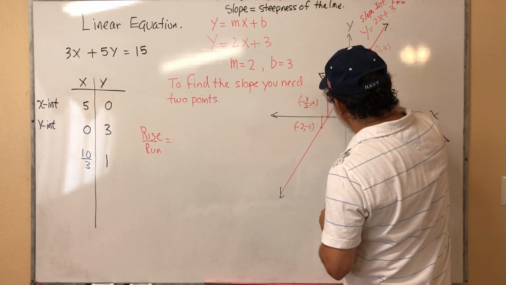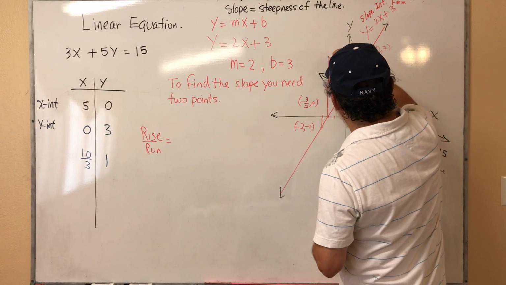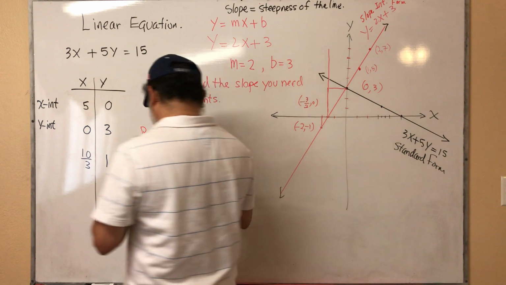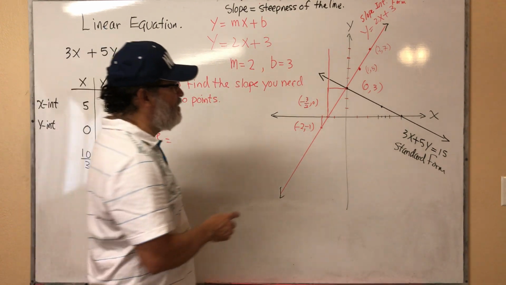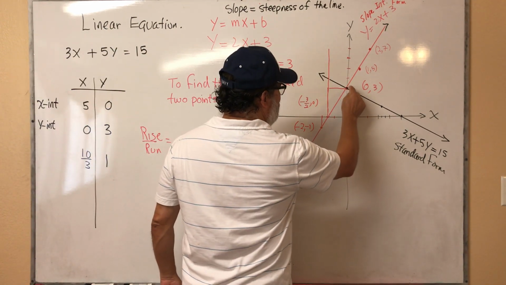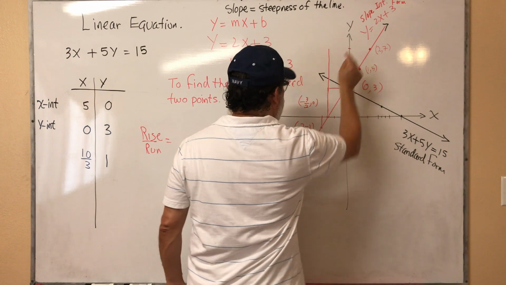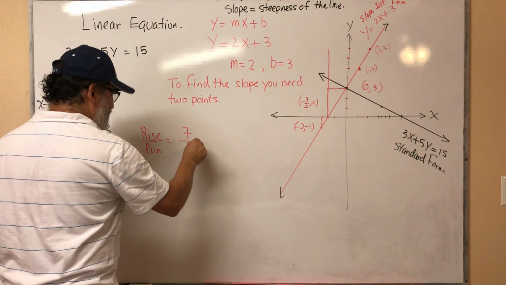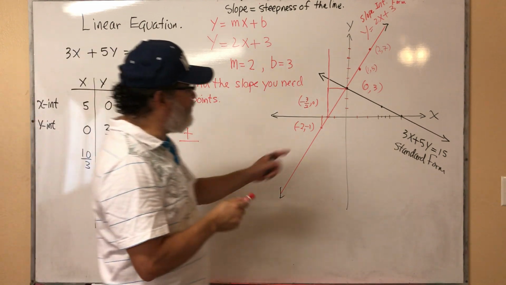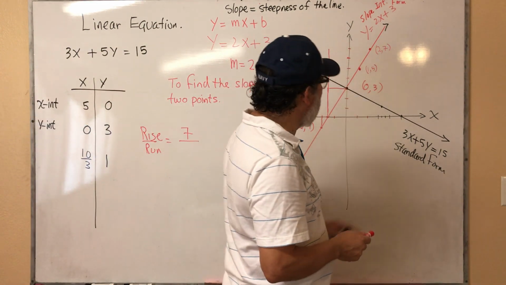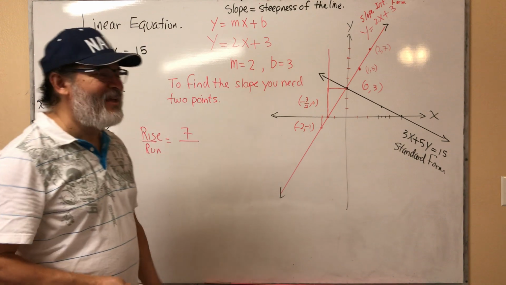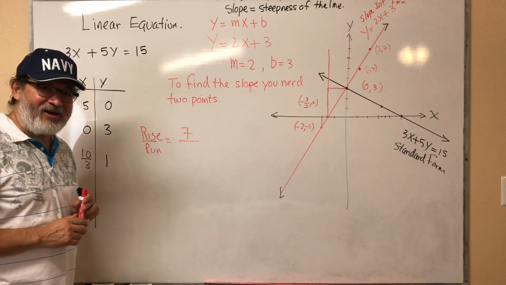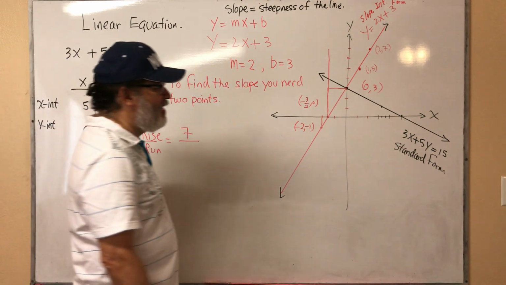This point goes up like this. And what's the rise? You tell me the rise. 1, 2, 3, 4, 5, 6, 7. Going from this point to that point. And what is the run? You tell me the run.